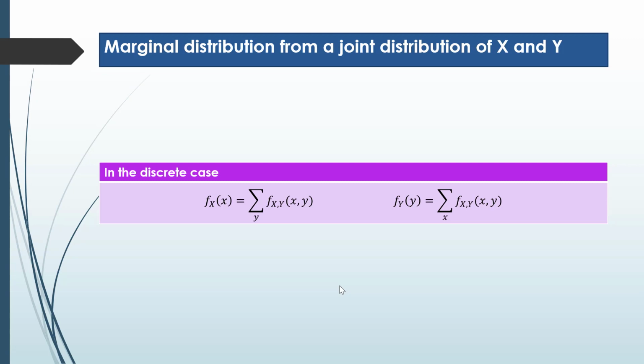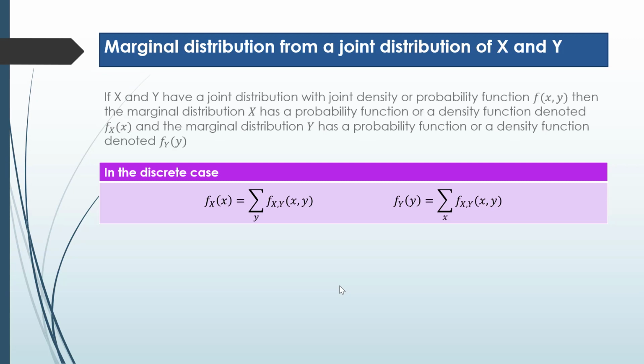Next, the marginal distribution from a joint distribution of x and y. If x and y have the joint distribution with joint density or probability function f xy, then the marginal distribution of x has a probability function or a density function denoted by f capital X of x. And the marginal distribution of y has a probability function or a density function denoted by f capital Y of y.